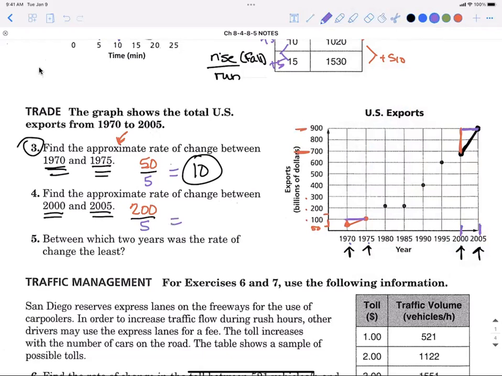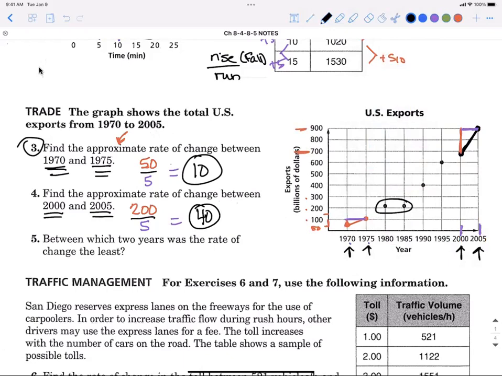And when we reduce this, we get our rate of change of 40, or 40 over 1. Okay. And then it says, between which 2 years was the rate of change the least? Well, did we have a rate of change that either did not increase at all, or even maybe was a little negative? And that would be right here.